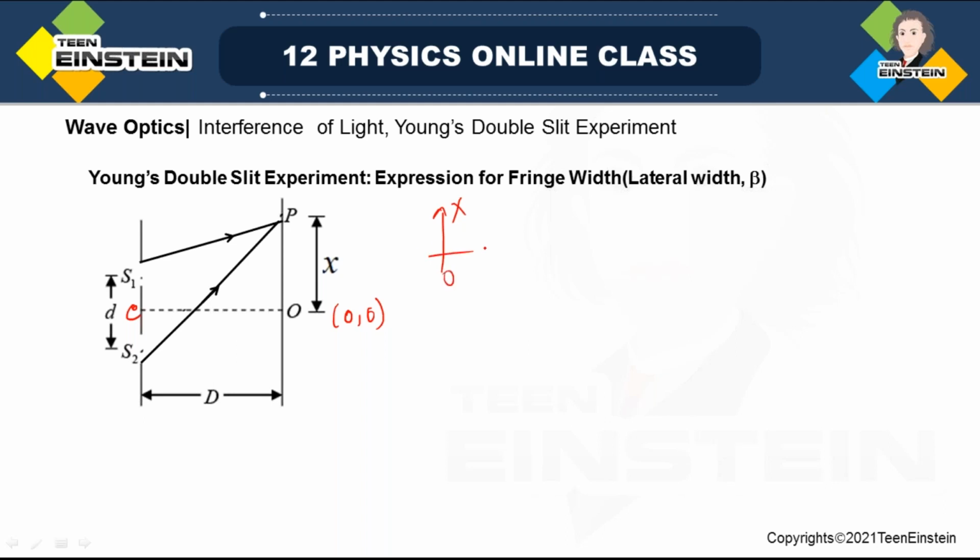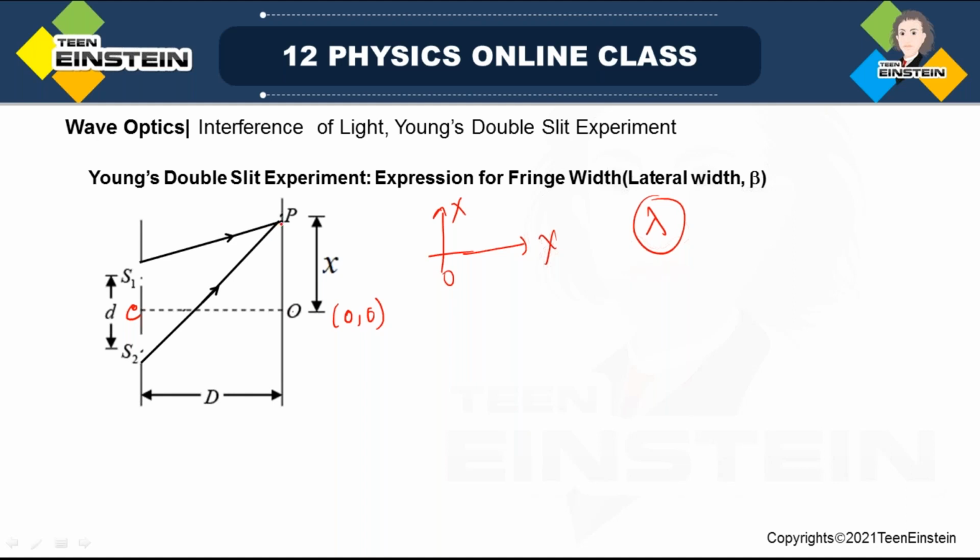It happens in a vertical plane. So we have taken a point P, which is x distance away from the central fringe or origin, and suppose the distance between the two slits is small d, and the light used has a single wavelength lambda.